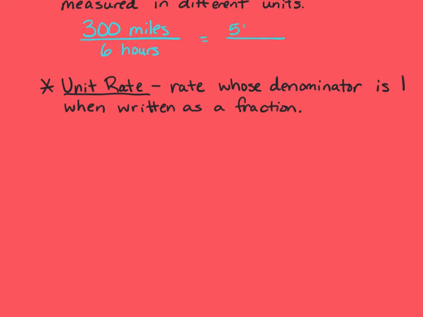So we get 50 miles for 1 hour. And we got that by dividing both the numerator and denominator by 6. And you could see it just written as 50 miles per hour, but it's still a unit rate because it's 50 miles per 1 hour. The denominator is 1.